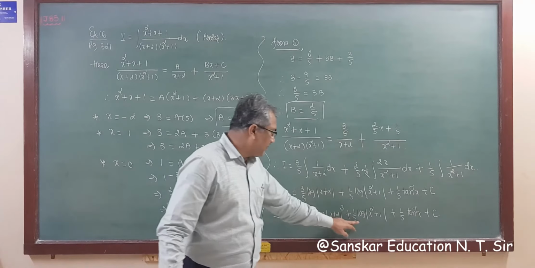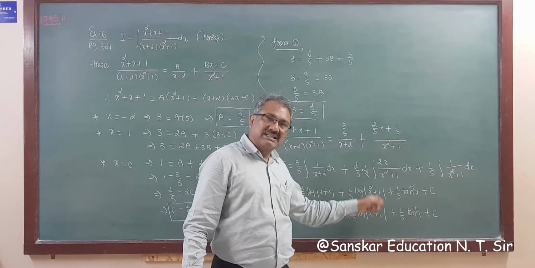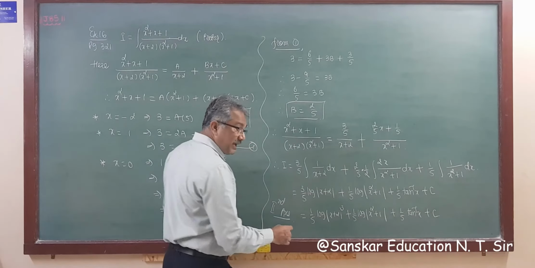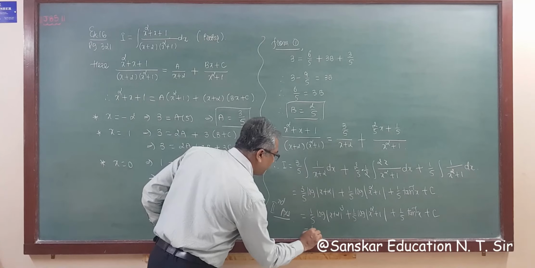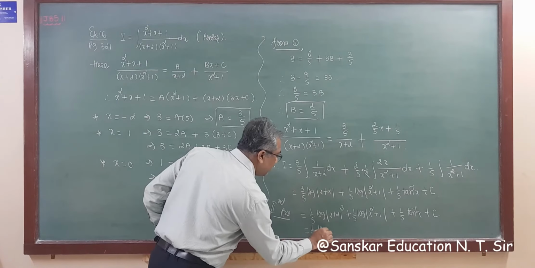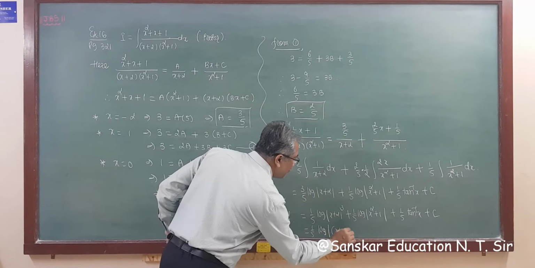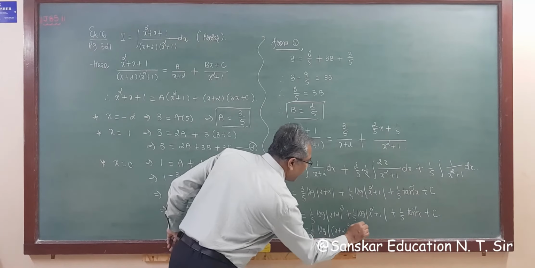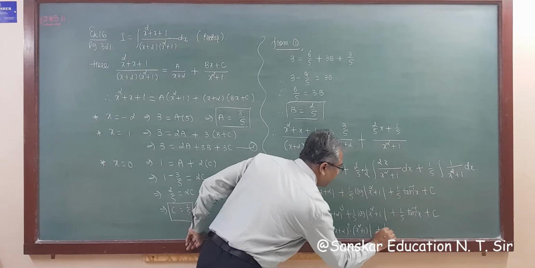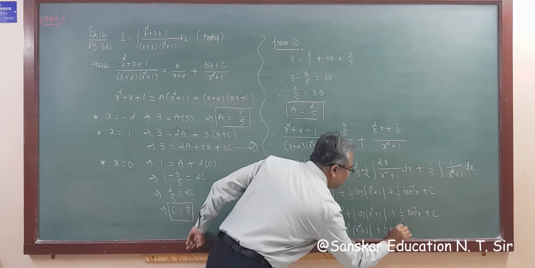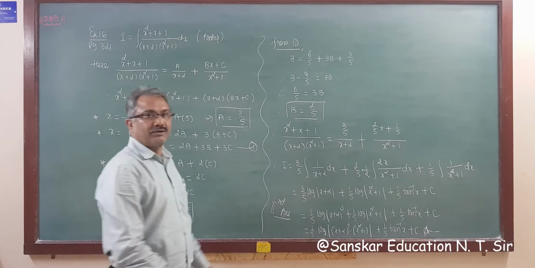Now taking 1 upon 5 common from these two, log a plus log b is log a into b, not upon, into. So taking 1 upon 5 common, this is log mod (x plus 2) whole cube into (x square plus 1) and plus 1 upon 5 tan inverse x plus c. This is your answer. Got it?